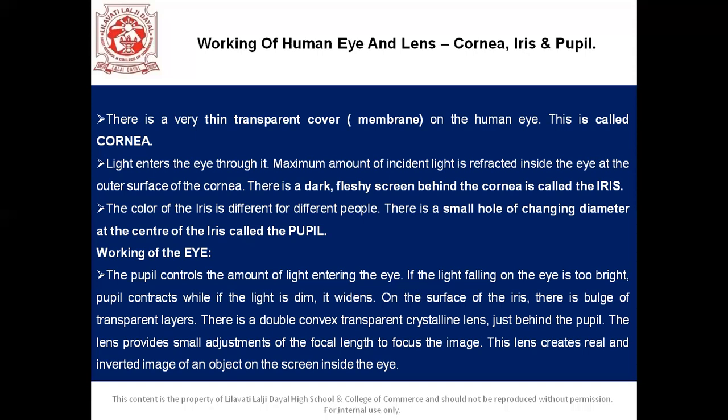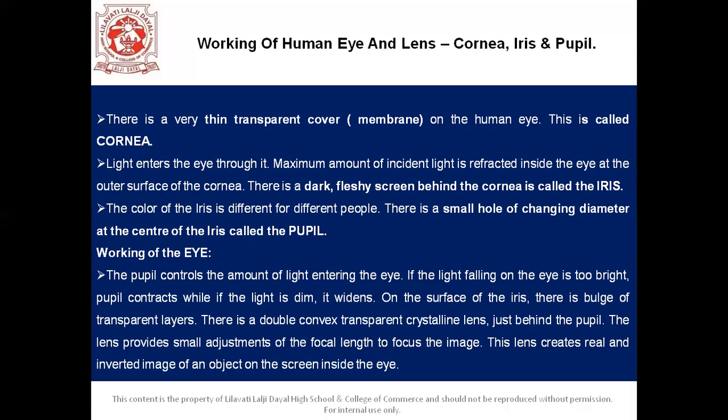Let us study that. Students, the pupil controls the amount of light entering the eye. If the light falling on the eye is too bright, the pupil contracts, while if the light is dim, it widens.